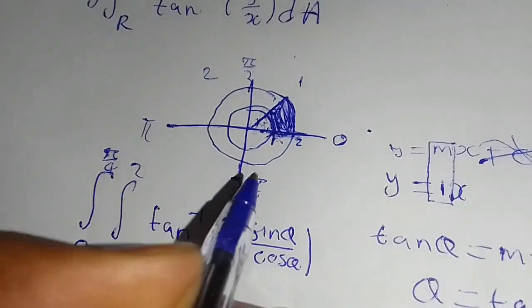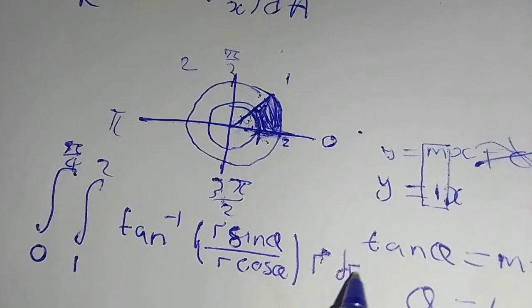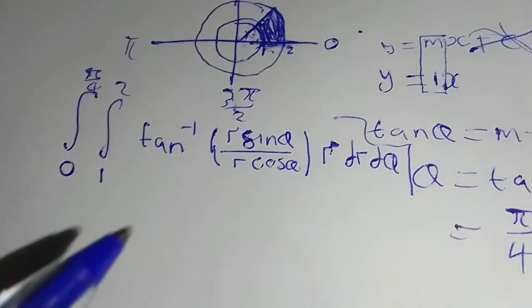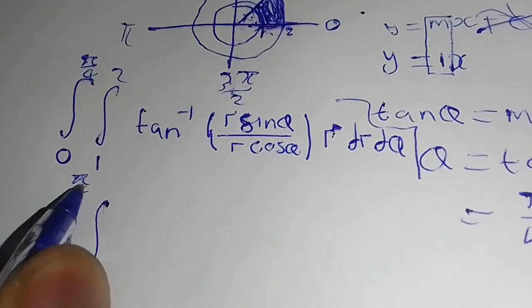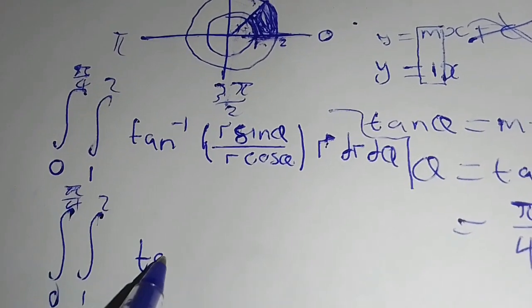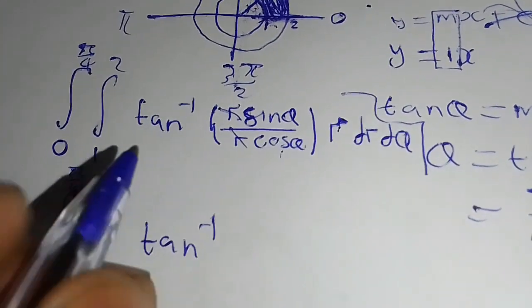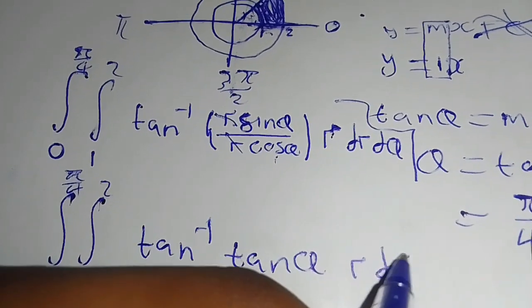Something cool is about to happen though. So you have r dr d theta. You end up with the integral from 0 to pi over 4, 1 to 2 of arctan. Notice that the r's will cancel, and then sine over cos, that's just tan, right? Tan theta, r dr d theta.